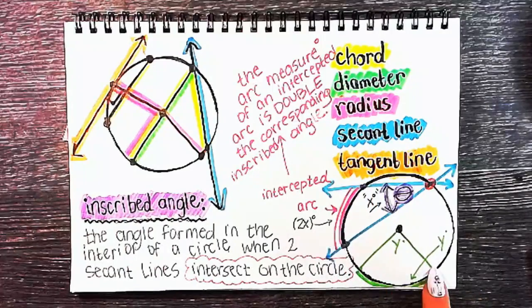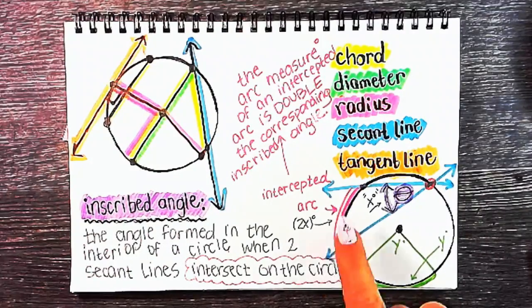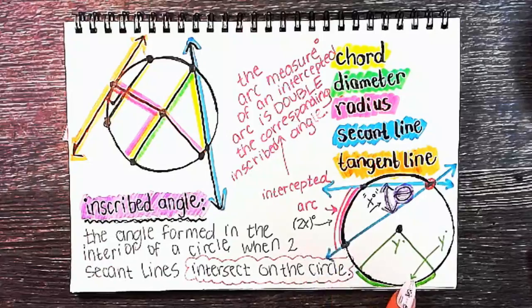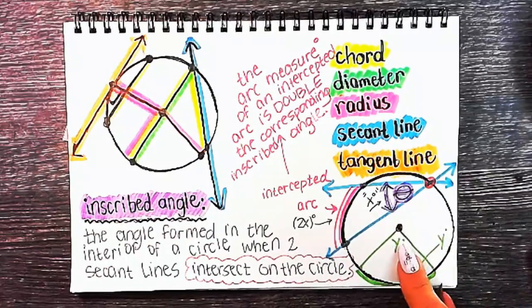Here we have arcs. Arcs are fractions of the circumference, or a piece of the circumference. Its length you can determine by using a fraction of the circumference as your formula. Its measure we can determine either by an inscribed angle or a central angle.